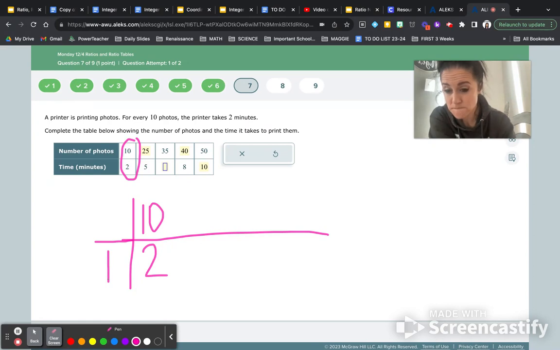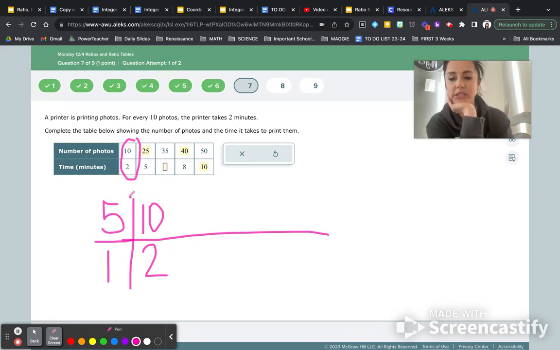So essentially all they did was take half of 2, so it's half of 10. 5, right? I can print 5 photos every minute because I know in 2 minutes I can print 10. Okay.